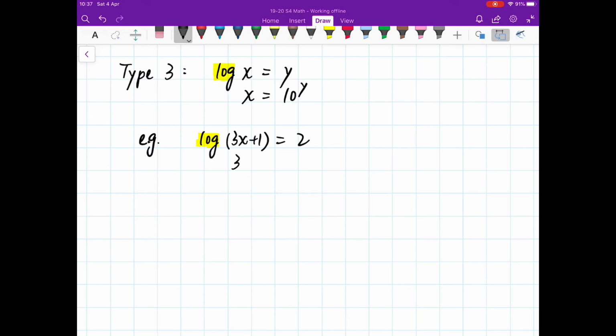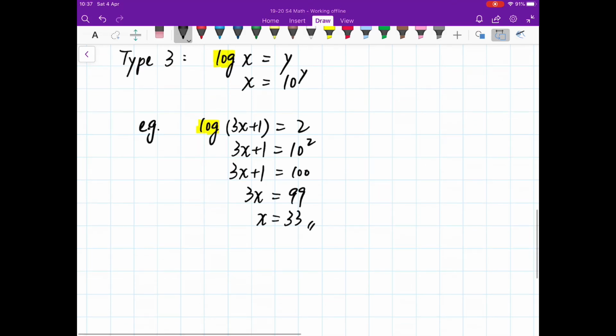And therefore, 3x plus 1 will be equal to 10 to the power 2. Afterwards, 3x is equal to 99. So x is equal to 33. Then we can find the value of x.